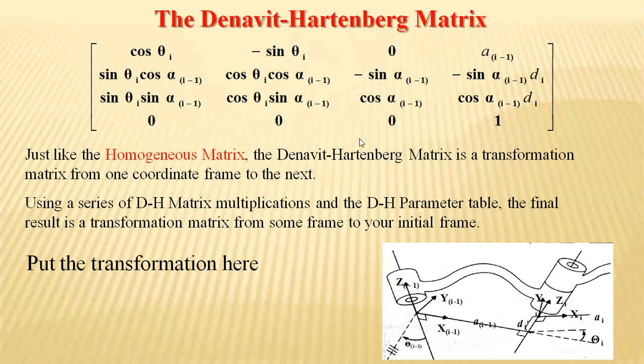Right? And the Denavit-Hartenberg matrix is a transformation matrix from one coordinate frame to the next coordinate frame, and it will vary from one coordinate frame to the other, because the end effector or the links will have different geometrical specifications individually.